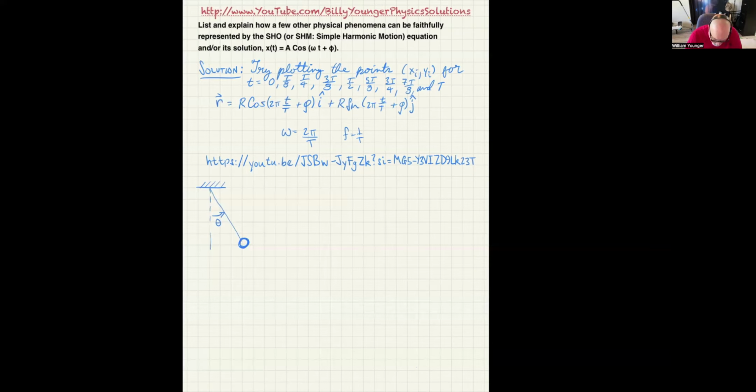So what we have here is a ball whose mass is much greater than the string that's holding it to the ceiling.